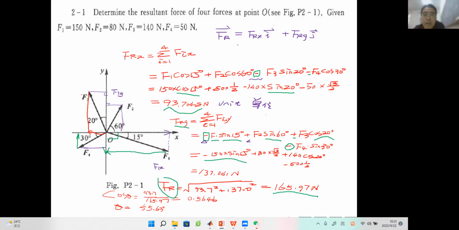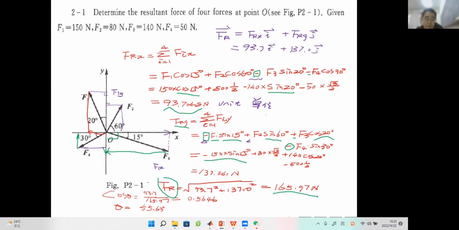So actually, I can write here. After our calculation, we find maybe this is 93.7. I just use one digit here, right? And plus this one should be 137.0.